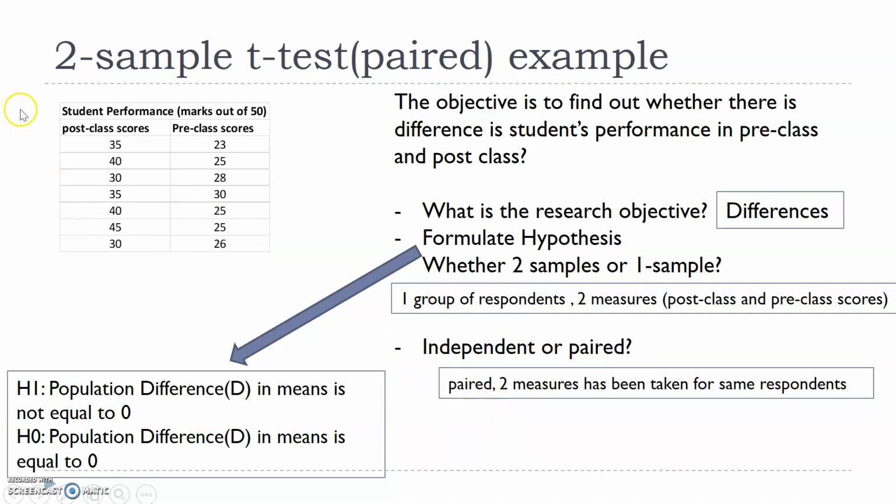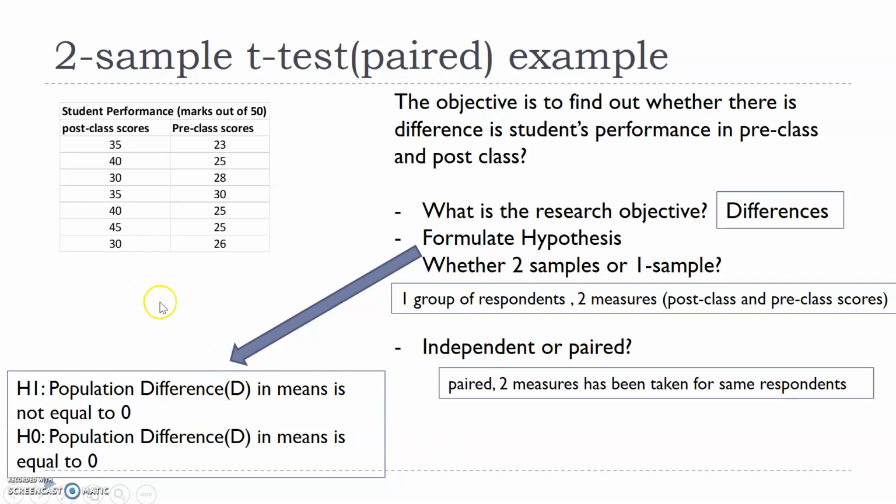It is paired, because for the same sample of students, I am taking 2 scores. If I had measured, let's say, how male students scored and how female students scored, or students with different graduation backgrounds, then it could have been a 2 sample t-test with independent samples. When I talk about 2 samples, I'm repeating, I'm collecting the sample only once, but it is how I am treating it that matters.